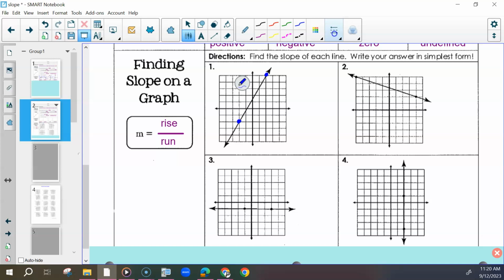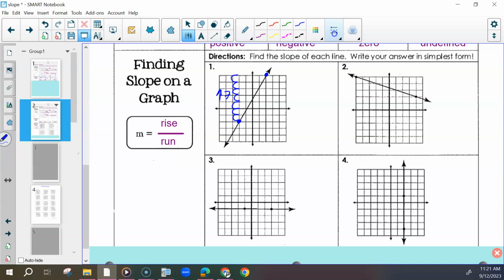Once you find those 2 points, we're going to count the rise and then count the run. So from here up, we're going to count how far up we go. I'm just going to go like this so I can count each box. You don't have to do this, but if it helps you see it, feel free to do that. So 1, 2, 3, 4, 5, 6, 7.